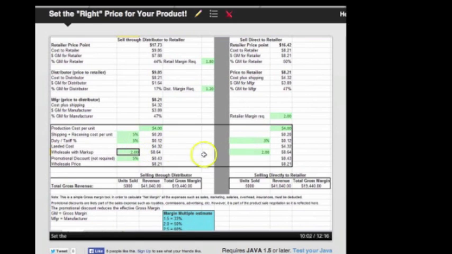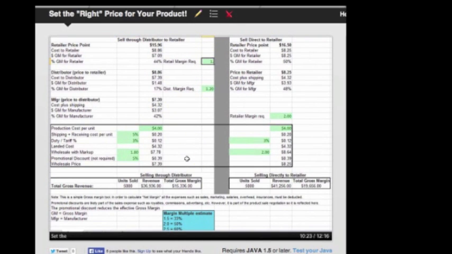So let's see what happens if we shave off a little bit of what we want, we bring this down in cost, and then we go up here and we give them back a little bit more, because let's say your retailer just was not happy with this.